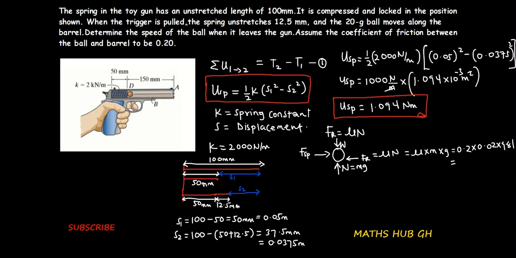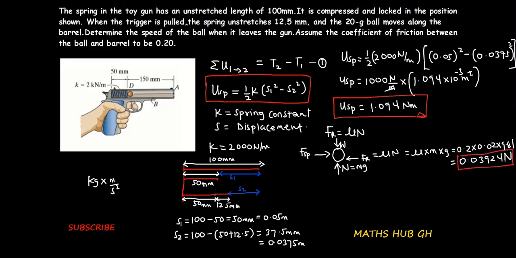This will give us a value of 0.03924 Newton. This is what you get for the frictional force.